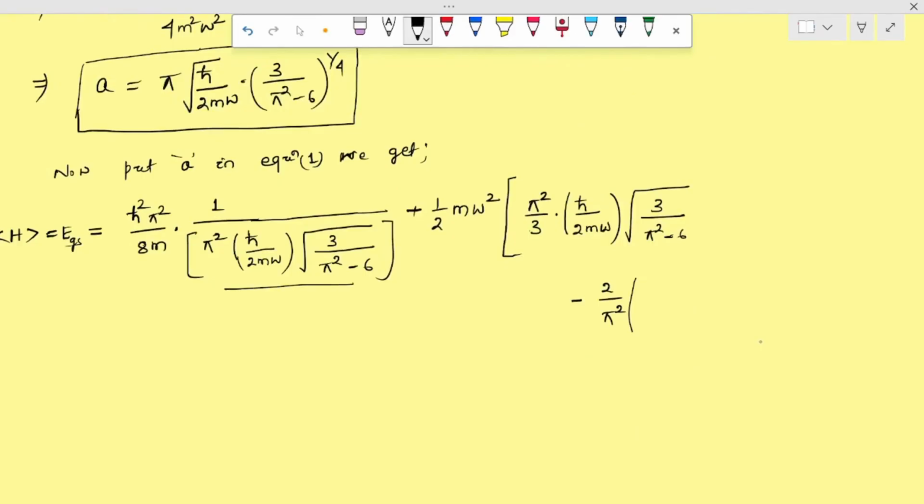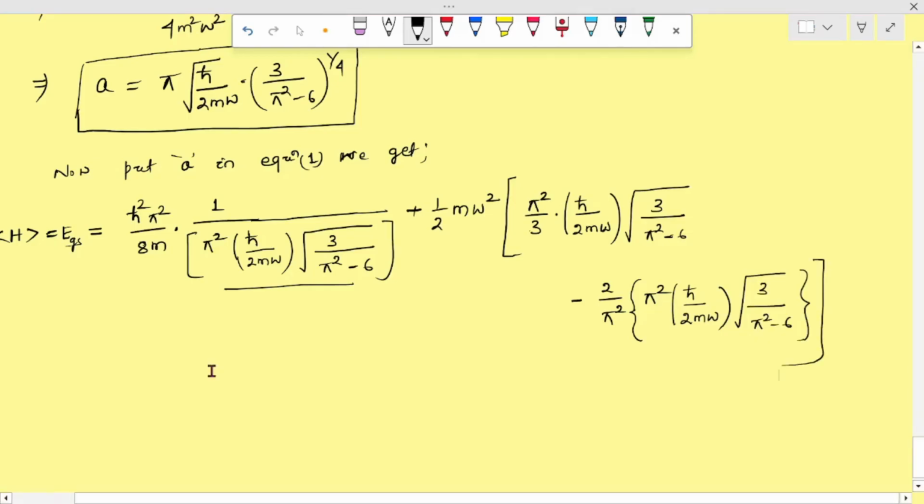Put the curly bracket, it will be better: π² ħ by 2m ω, then root over of 3 by π² minus 6. Close the bracket.